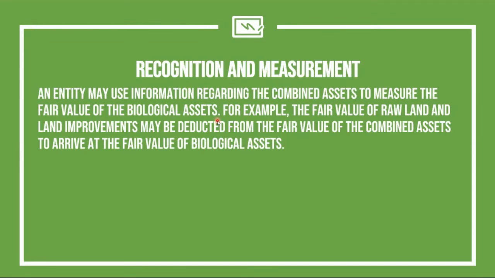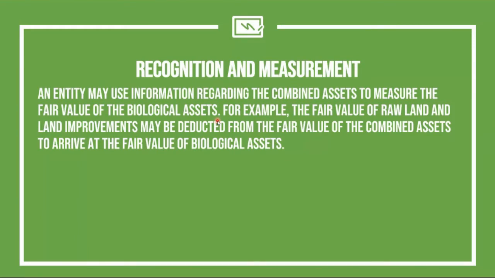So most of the time, if you have a land or a farming lot, and in that farming lot you made certain land improvements and there are certain biological assets planted, the question there is, how much is the amount attributable to the land? How much is attributable to the land improvements? And how much is attributable to the bearer plant? Okay? So how are you going to do that?